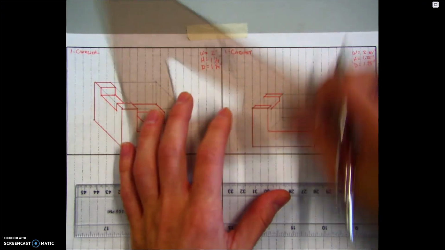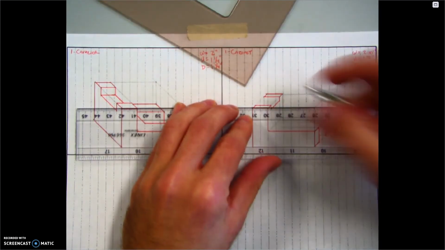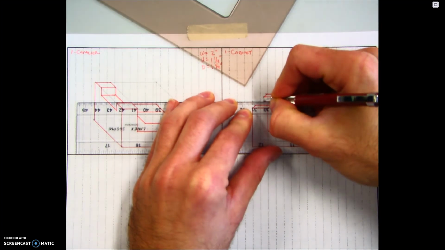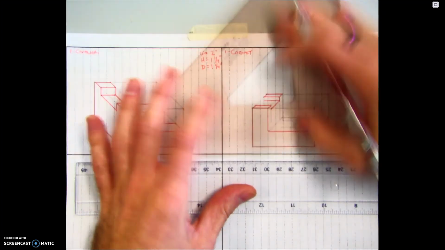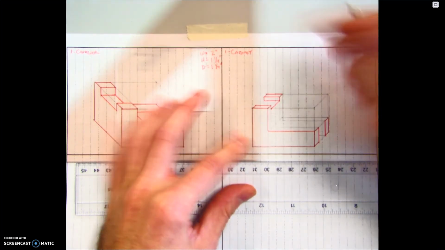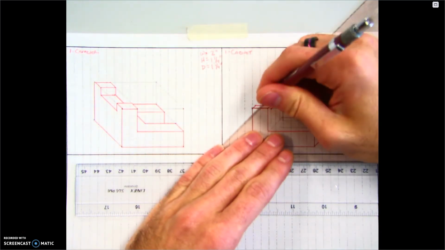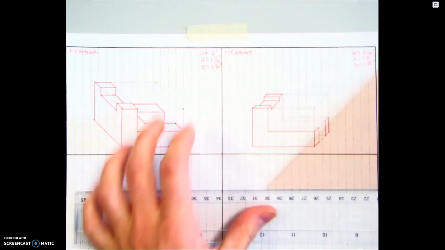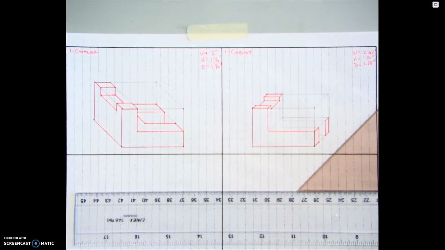I know this point is going to go over until it intersects that other line. I can close that shape in. And lastly, bring that corner back down along the 45. So there's that notch.